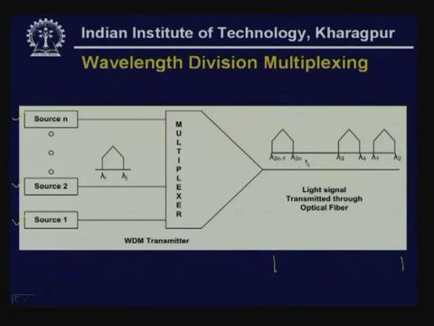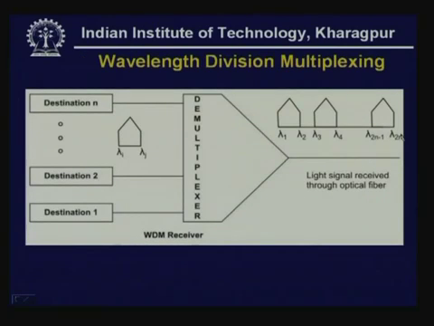So, these are expressed in terms of wavelengths, but essentially these are small frequency ranges, and these light signals are transmitted through optical fiber. So, here you can see the bandwidth is much more, which can be easily sent through optical fiber, and with the help of a demultiplexer, we can separate out different optical signals having different frequencies, and then they can be sent to destinations.